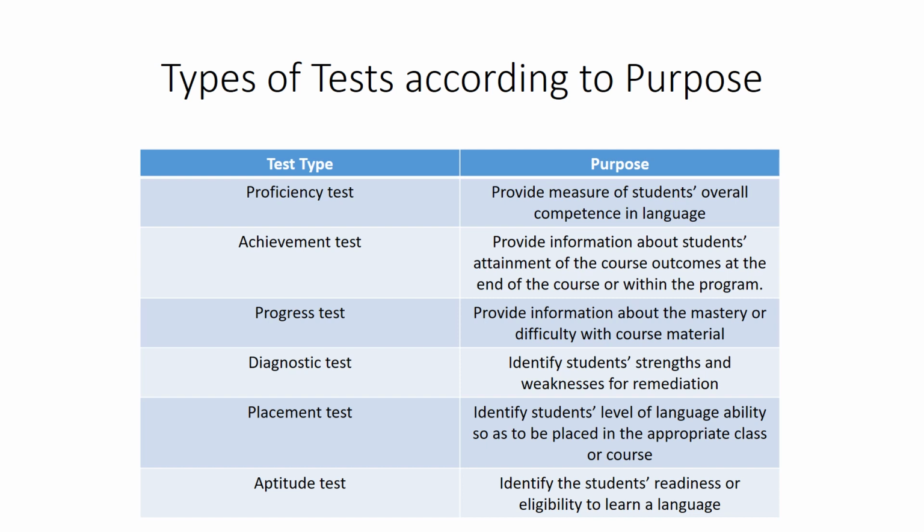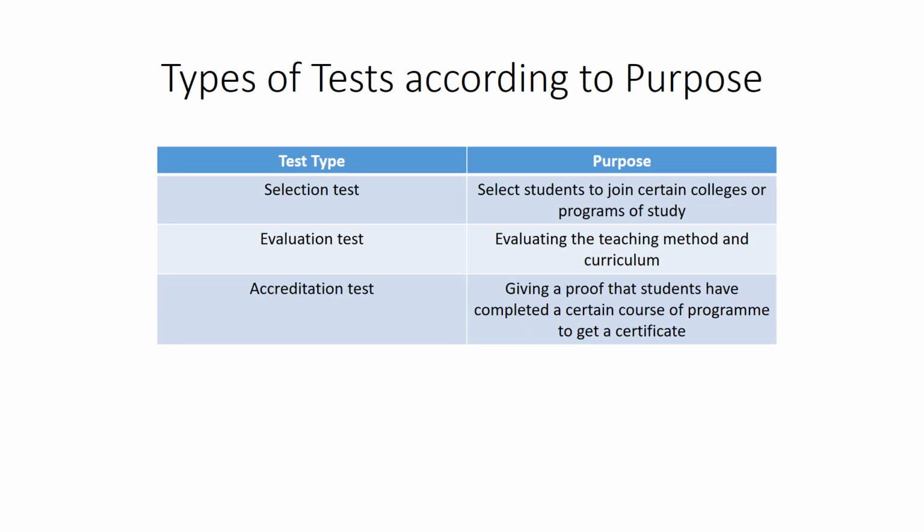So as we said, these are the first six types of tests, which are said to be the most common ones. If we move to the last three, we are going to talk about the selection test, which aims at selecting students to join certain colleges or programs of study.